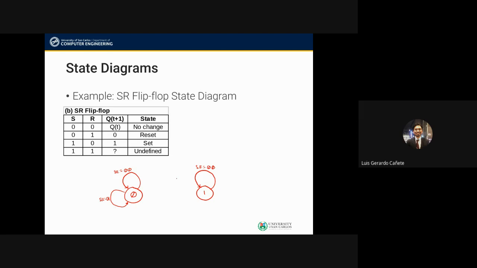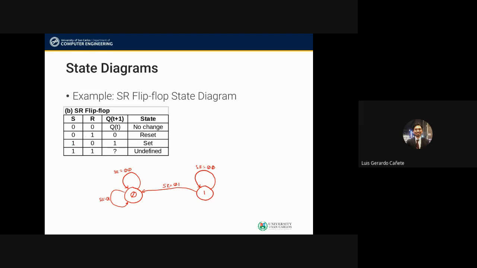But this is not the case when we are in state 1. When we are in state 1 and SR is equal to 0, 1, we transition from state 1 to state 0. So that's 0, 0 and 0, 1. We've looked at these two.